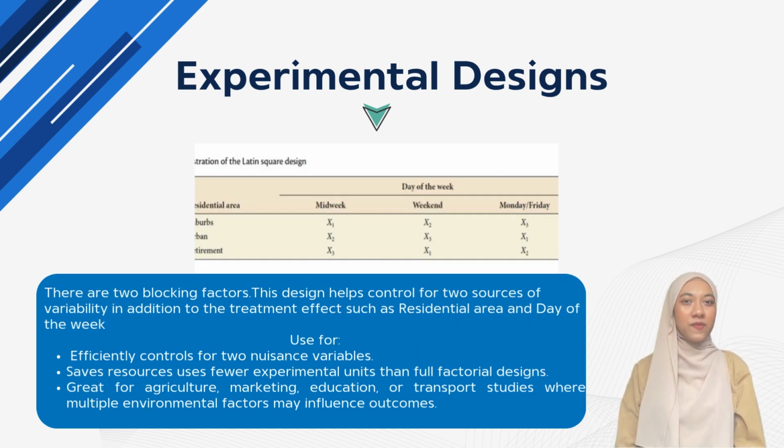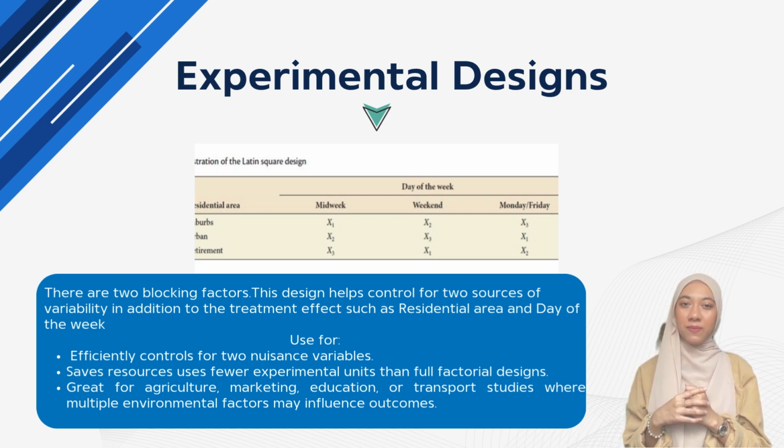The last type of experimental design is Latin square design. It is used when there are two blocking factors. This design helps control for two sources of variability, in addition to the treatment effects, such as residential area and the day of the week. Latin square design is used to efficiently control for two nuisance variables.